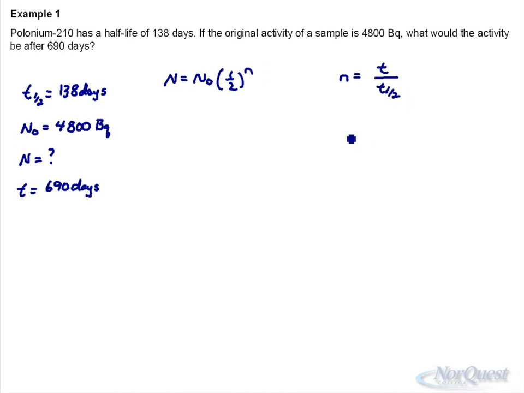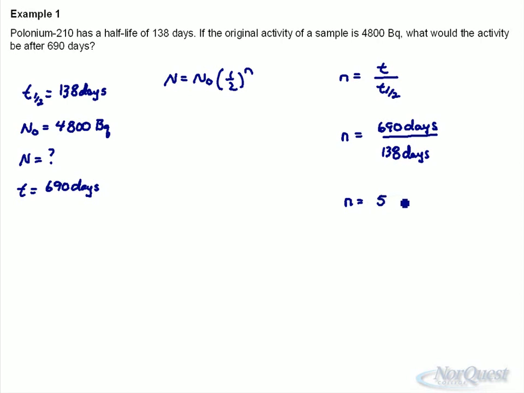So if I can figure that out quickly, 690 days over 138 days, that will tell me the number of half-life periods. So 690 divided by 138 is telling me it's going to go through 5 half-lives.